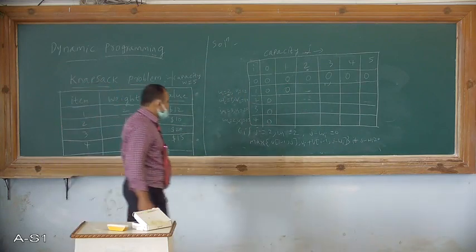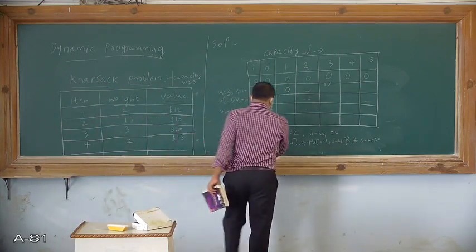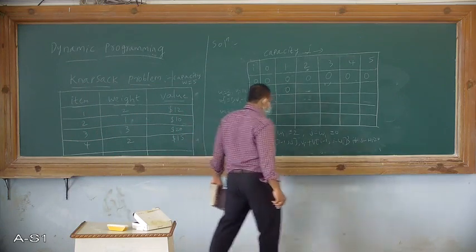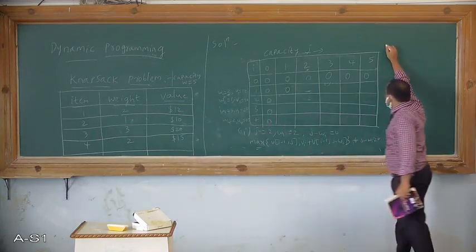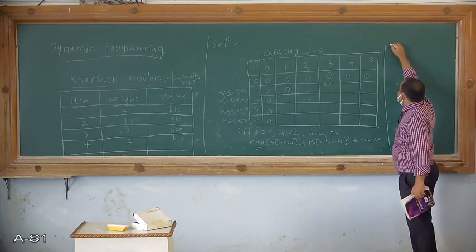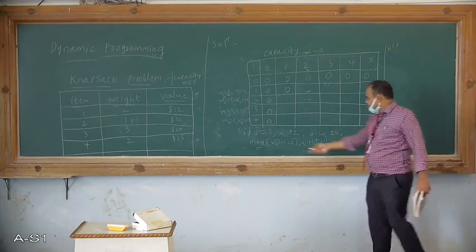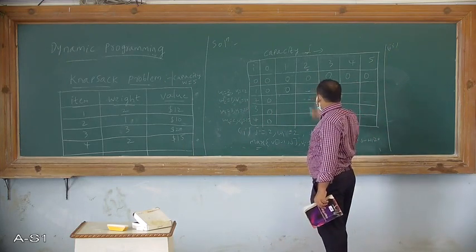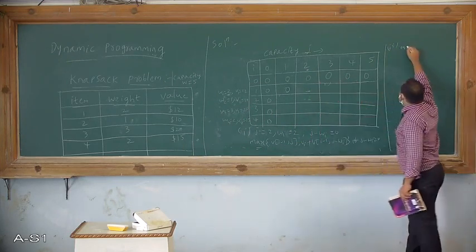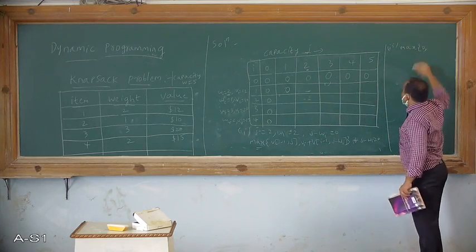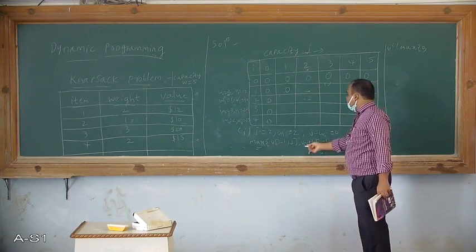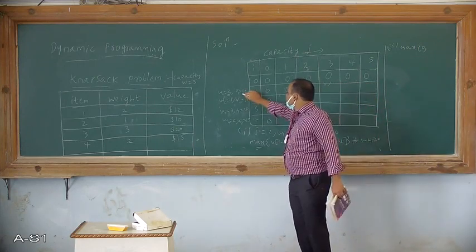So what does the problem statement say? Max of V of I minus 1 comma j. We will calculate this. Max of V of I minus 1 comma j is max of 0 comma, next one, v of I. What is the value of v of I here? 12.